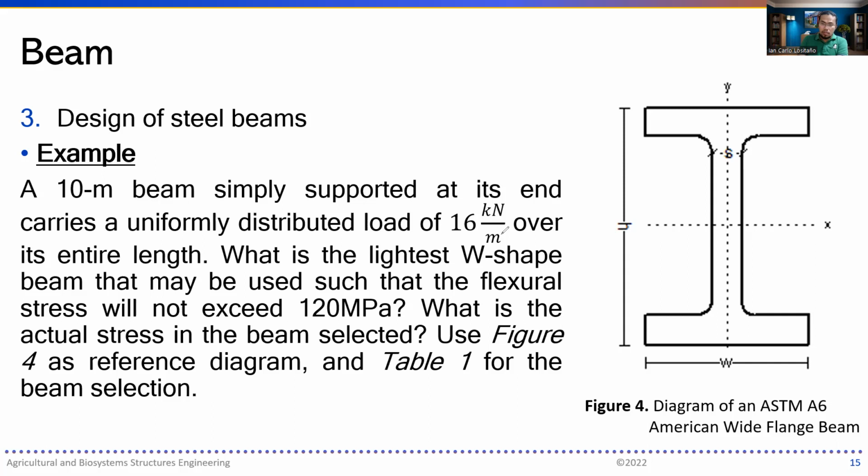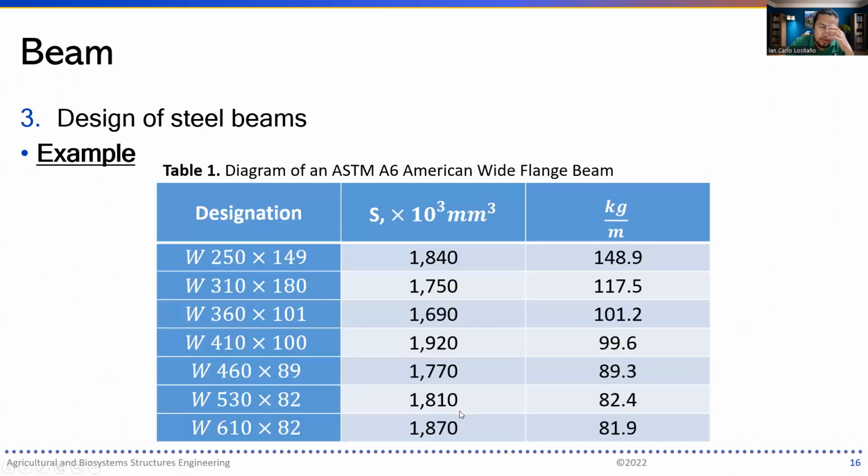This is an ASTM W6 American wide flange beam, and the dimensions or specifications of the beam are provided. Why is this? Because these are commercially available wide flange beams, and it's simpler to just buy what is commercially available than customizing one for a specific use.